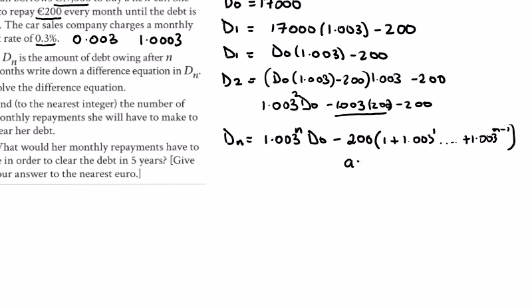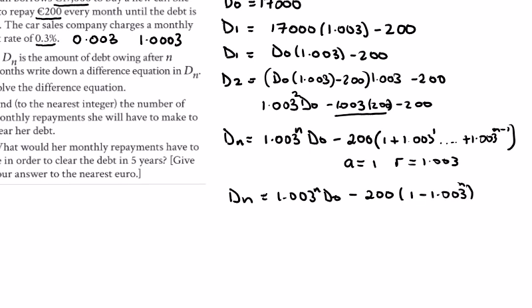So if a is equal to 1 in our progression and r is equal to 1.003, we're going to get Dn to become 1.003 to the power of n times D0 minus 200 times 1 minus 1.003 to the power of n, all over 1 minus 1.003.